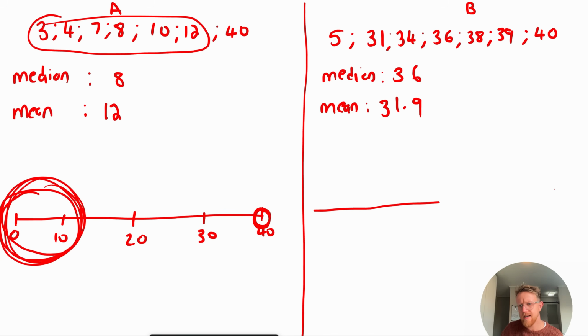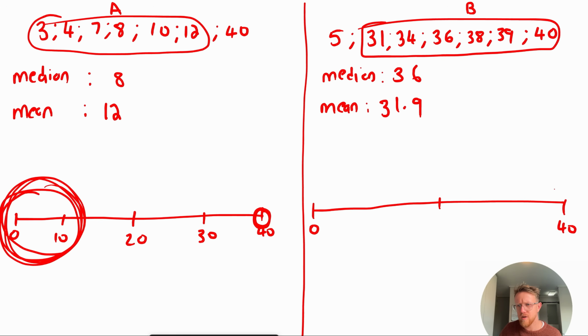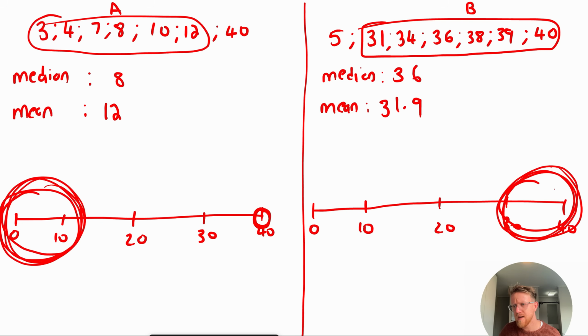Then on this side, if we had to go 0 to 40 again, this would be 10, this would be 20, and this would be 30. Most of the numbers now are in this area here, and then we've just got one little number over there.